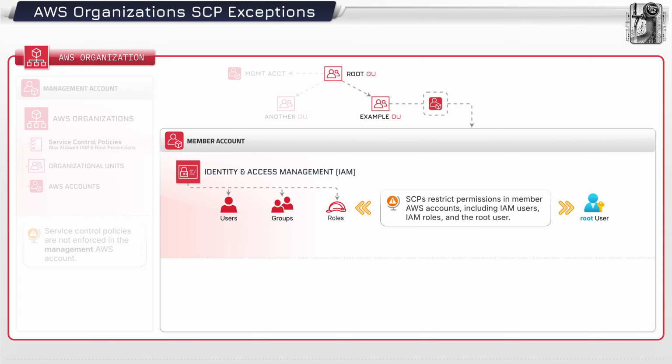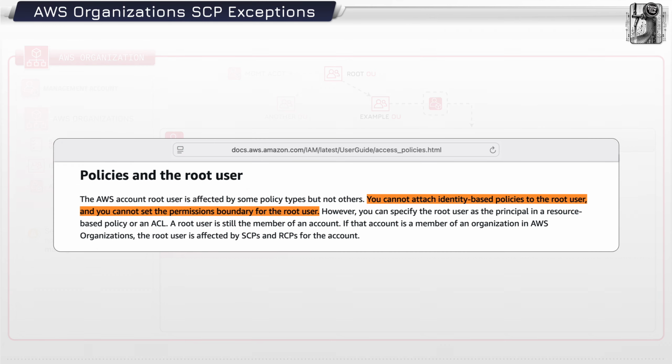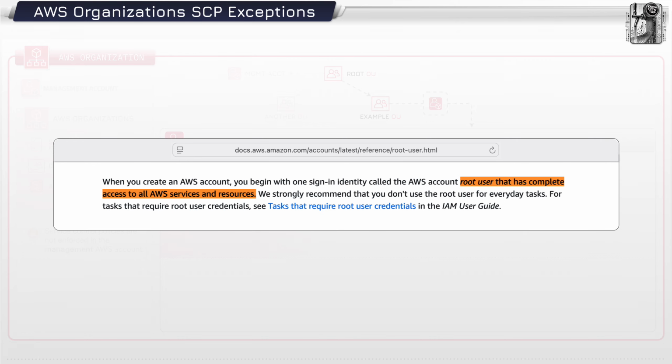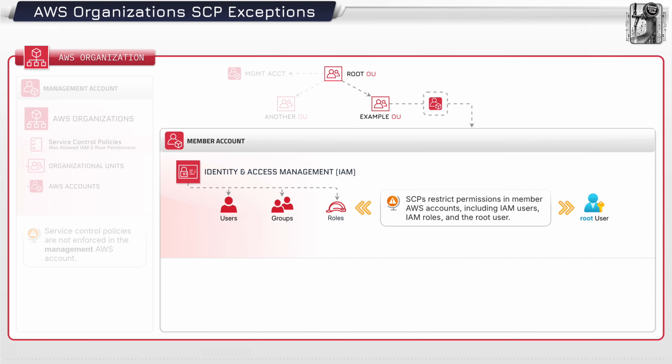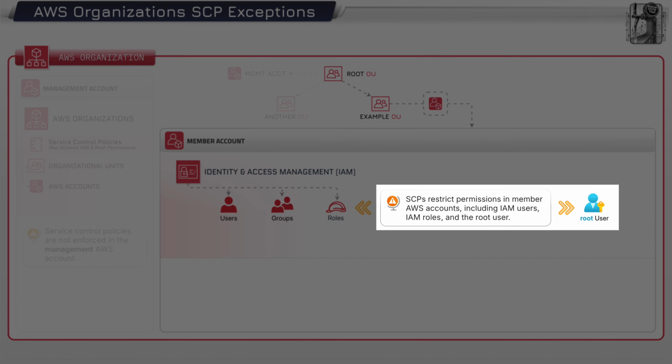Inside of a standalone AWS account, there's no IAM-based way to restrict root user actions. Root doesn't have an IAM permissions policy you can review or modify. By default, it has full unrestricted access to everything inside of that AWS account, but that changes with AWS Organizations.